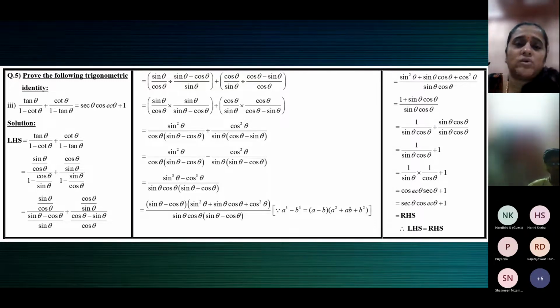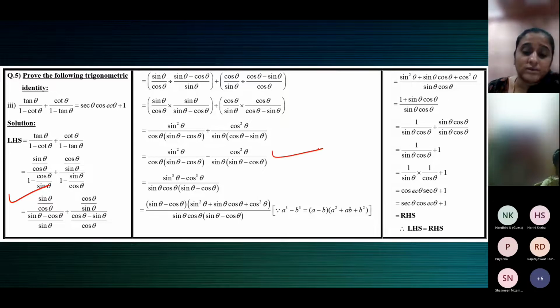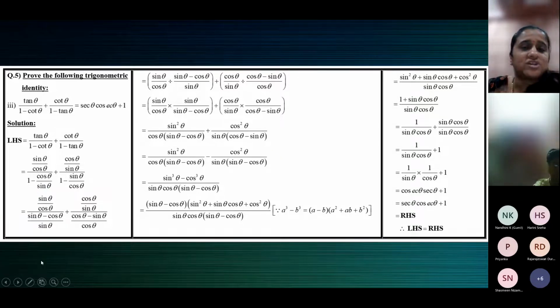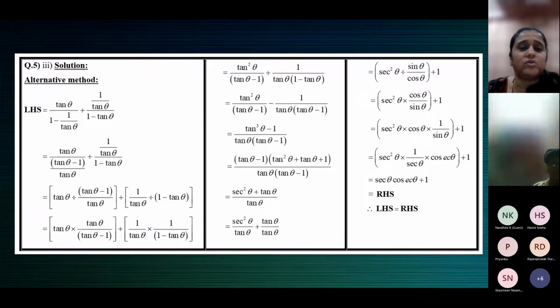So one of the rules says that if we have other ratios, change them to sine and cos. That's how we worked the first method. But there's another rule which says if in the expression you have only tan and cot, then you can either change tan to cot or cot to tan because they're reciprocal ratios. That's the idea or the rule we've used here.